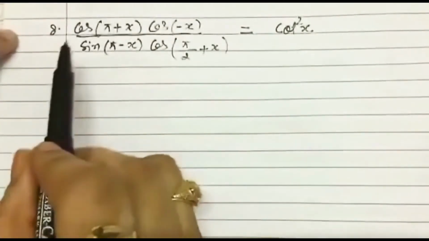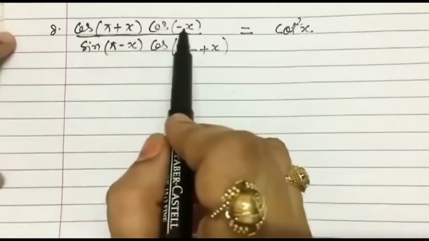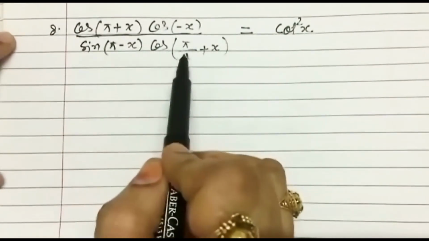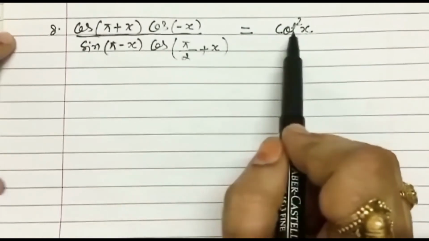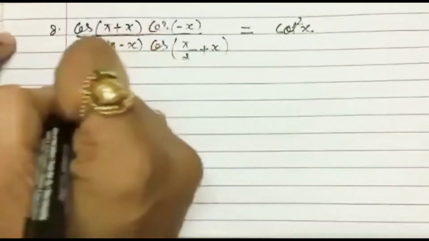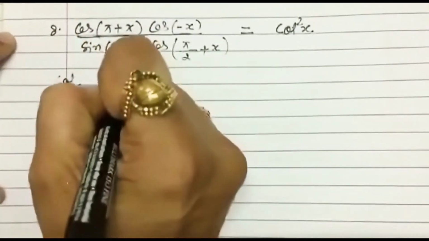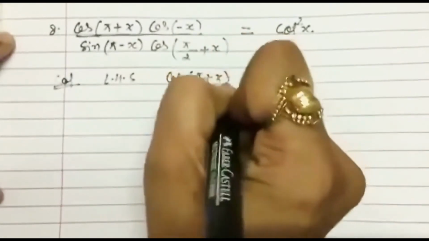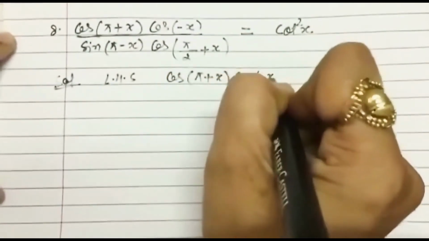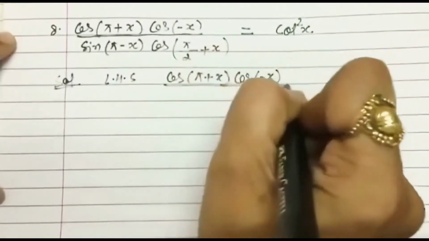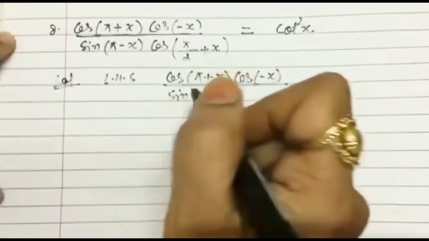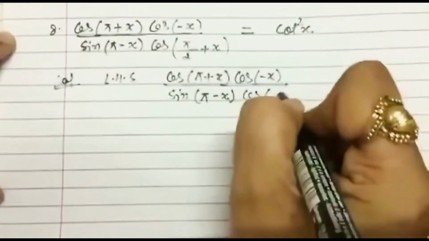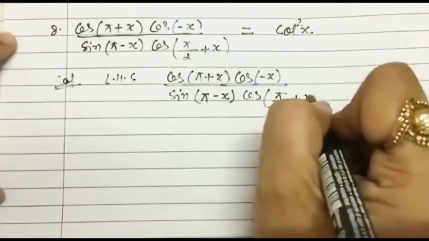Question number 8. cos(pi plus x) cos(minus x) upon sin(pi minus x) and cos(pi by 2 plus x) is equal to cot square x. So LHS is cos(pi plus x) cos(minus x), and here sin(pi minus x) and cos(pi by 2 plus x).